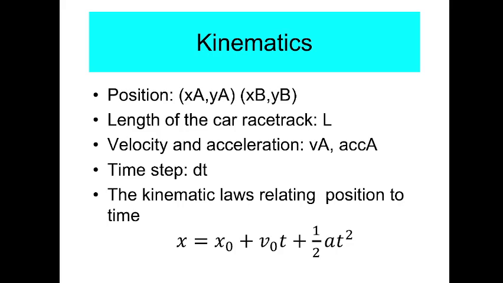Here, for example, XA is the position of the vehicle A, YA is the position of vehicle A, and so on. And one of the crucial quantities is time, and the interval of time which lasts from one frame to the other. This is called the time step.